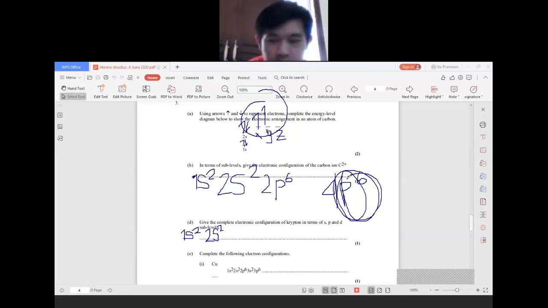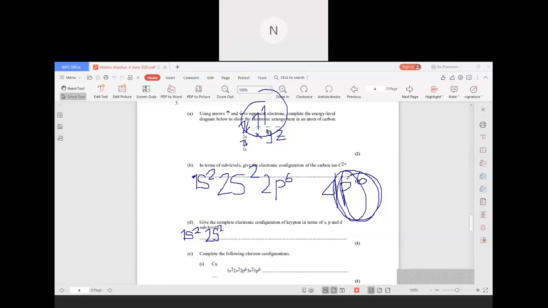Now, can you tell me, Nia, what is the period of krypton in the periodic table? In which period? Not group, period. Do you know how to read the period in the periodic table? 4.